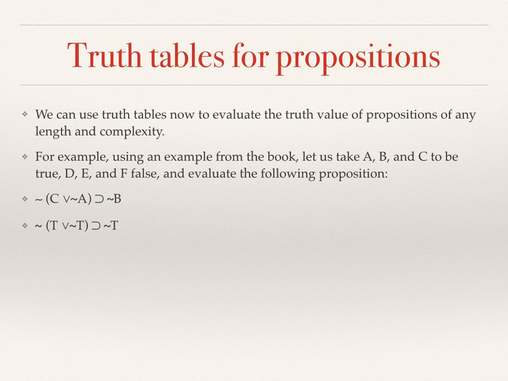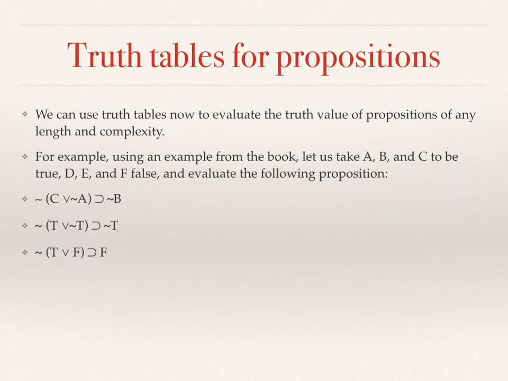So we have true or not true implies not true. We have the negation signs for these two instances of true, so let's flip those, because that's what the negation sign does. So we have true or false implies false. Now, the disjunctive proposition is only false when they're both false.